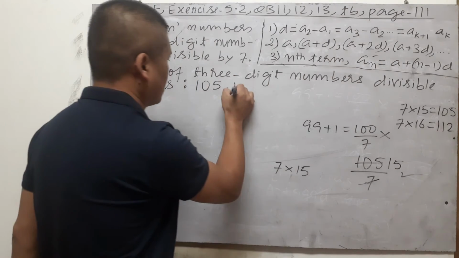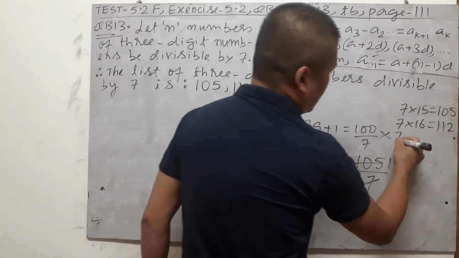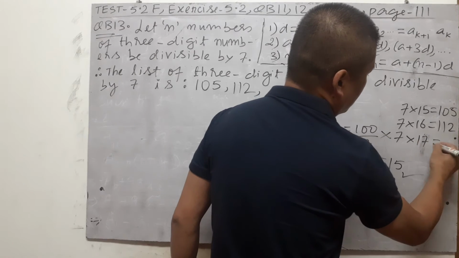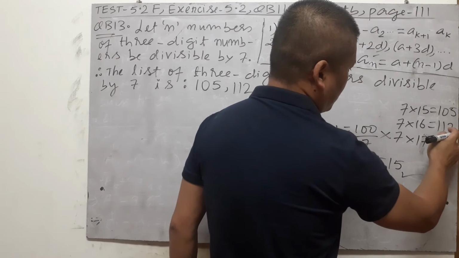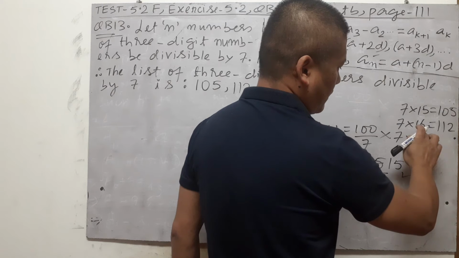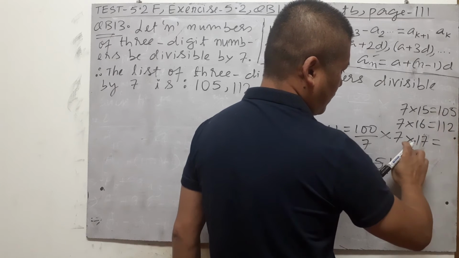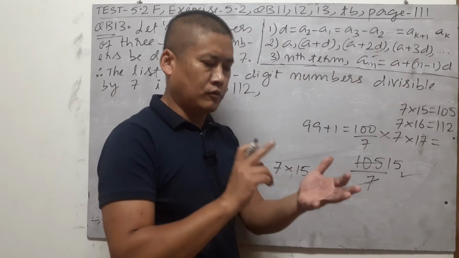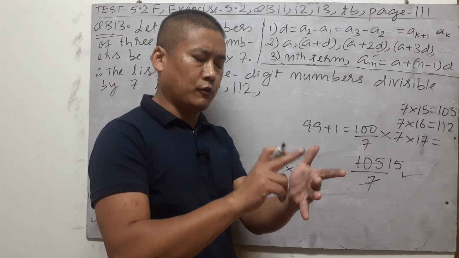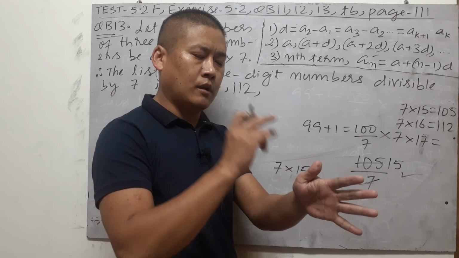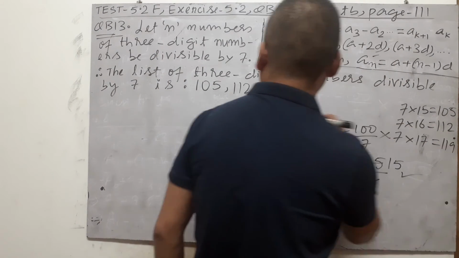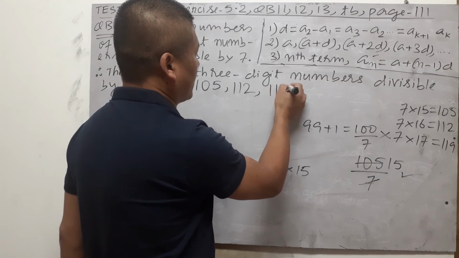Then the next 3-digit number divisible by 7 will be 7 into 17, which is 112 plus 7: 113, 114, 115, 116, 117, 118, 119. So the next term will be 119.